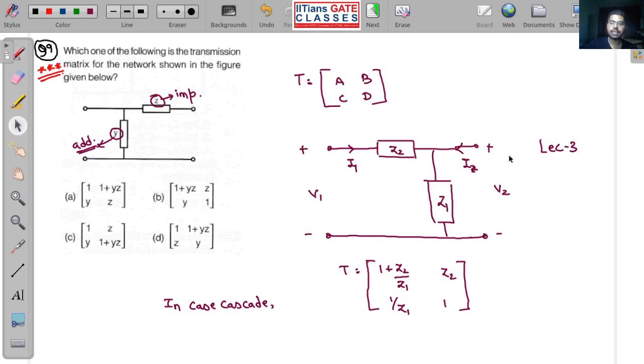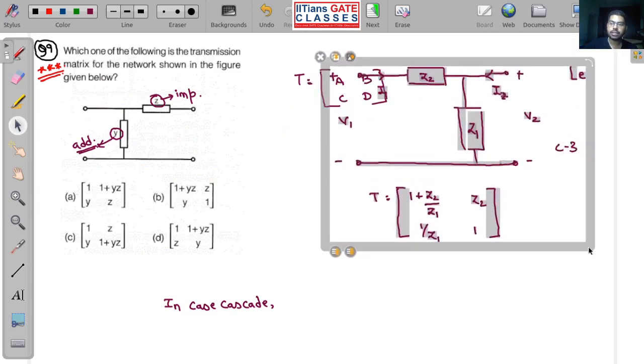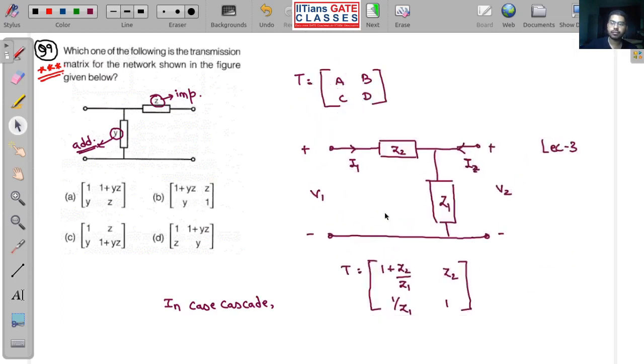So I am just erasing this part. Okay, I will keep this part. It is better to keep this part. It will be easier for you then. So let me erase this thing.